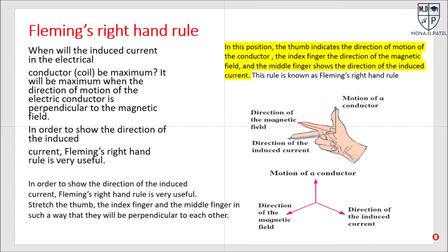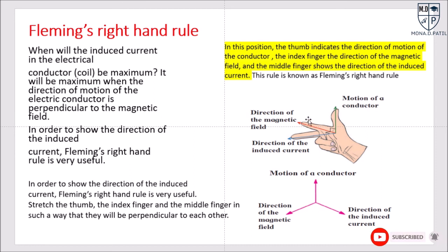Here you can see, in this position the right hand thumb, index finger and middle finger are stretched and they are all perpendicular to each other. The thumb shows the motion of the conductor.